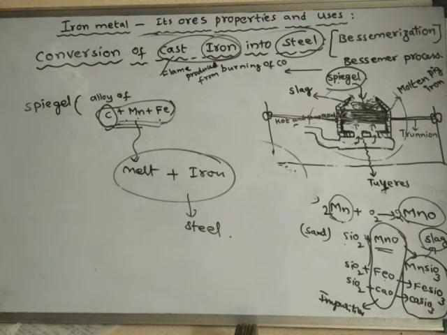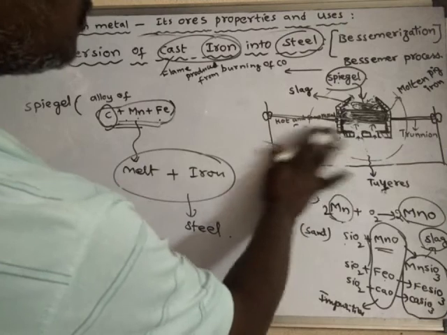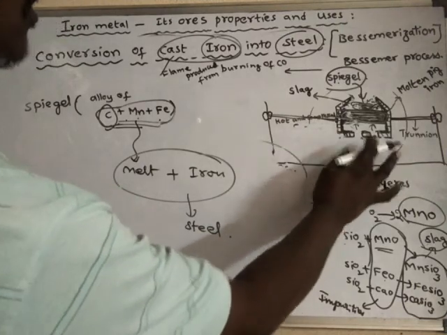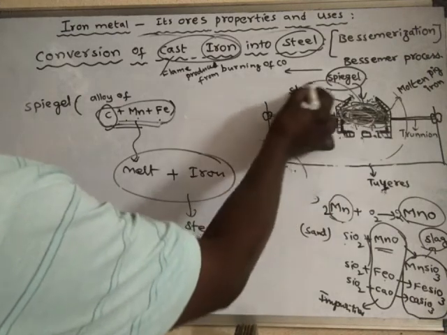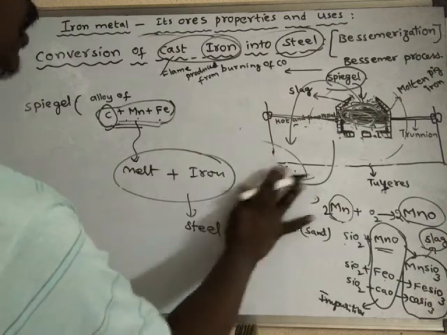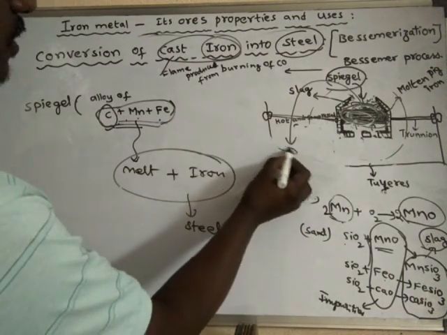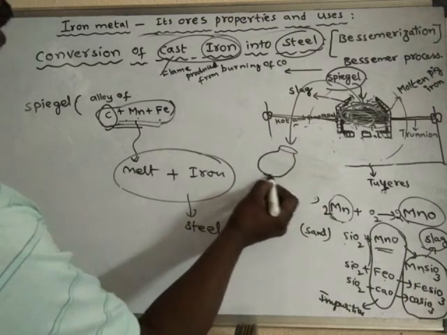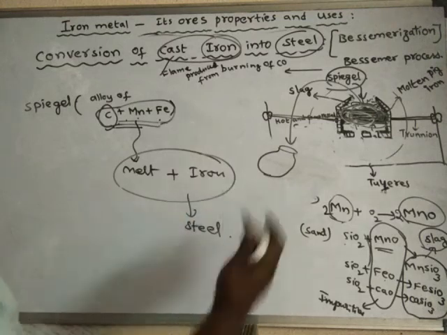Now the molten steel is poured out into molds where it is allowed to cool. So now we stop the process and stop the supply of oxygen. This is the molten form of steel. It is taken out into different containers, or molded into different shapes.